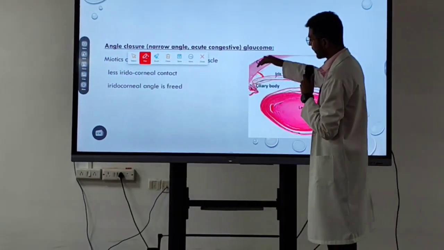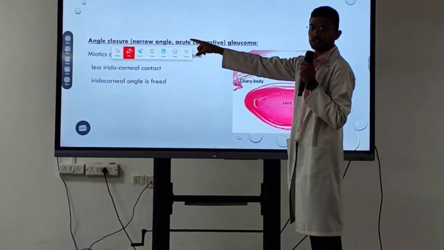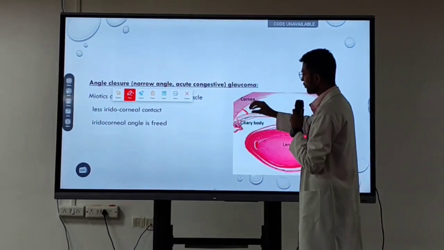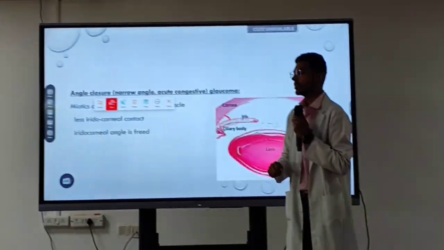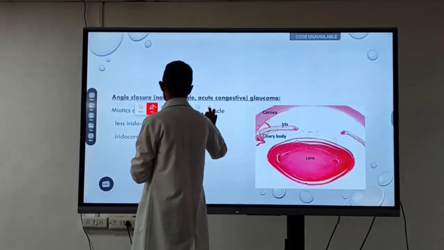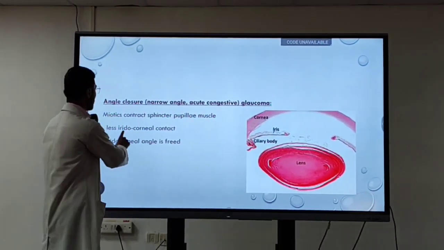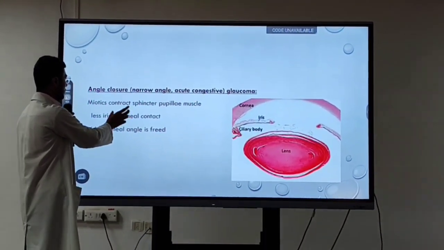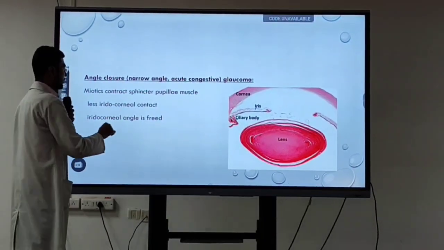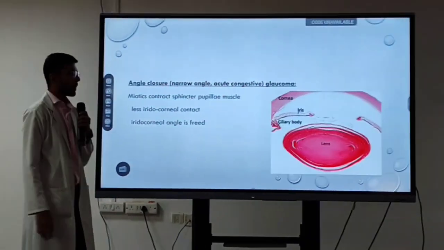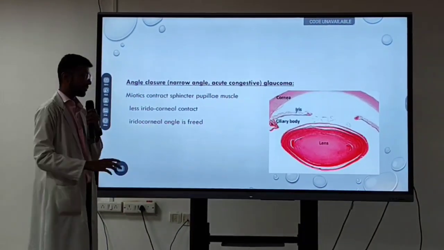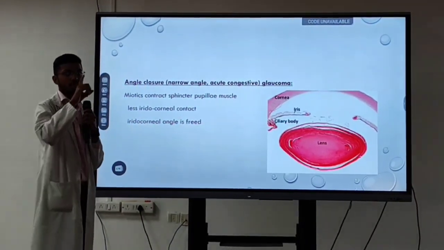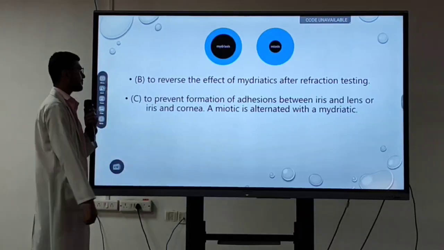Because we are studying angle closure glaucoma, if anyhow we are able to open and widen this angle, the glaucoma will be relieved. So, these drugs contract the sphincter pupillae muscle, due to which the contact between iris and cornea is reduced and the angle is widened. This is the second type of glaucoma, and in both types of glaucoma we give myotics. So this was the first use of cholinergic drugs.